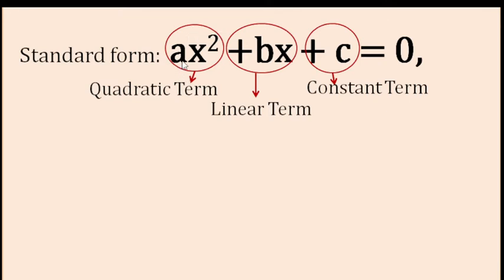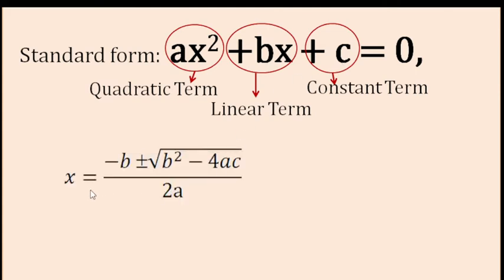Now, it is very important that we will be able to identify or to tell the values of a, b, and c. Why? Because, for example, in the quadratic formula, x equals negative b plus or minus the square root of b squared minus 4ac, all over 2a. You can see that it uses the letters a, b, and c, which are the values from the given quadratic equation.